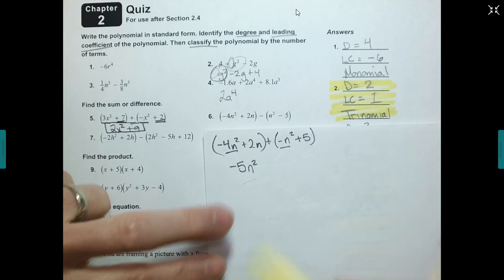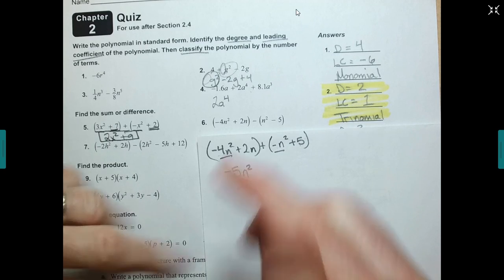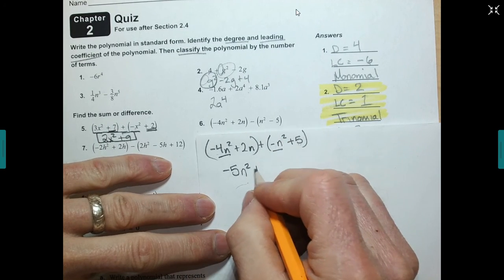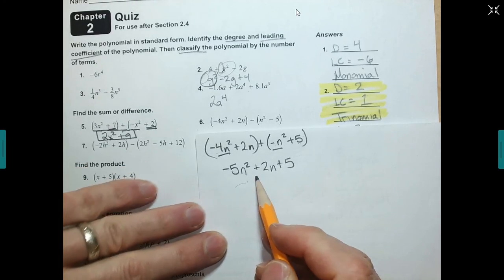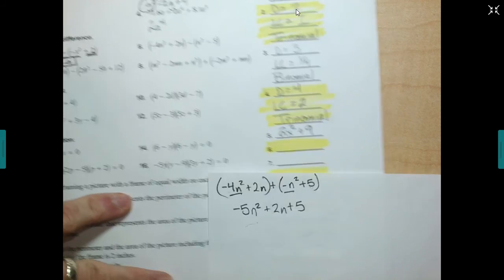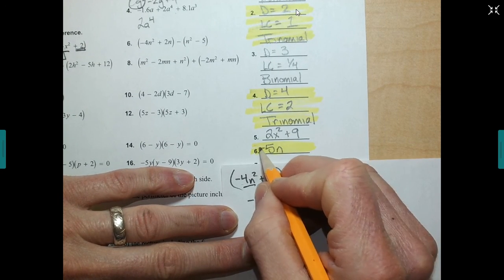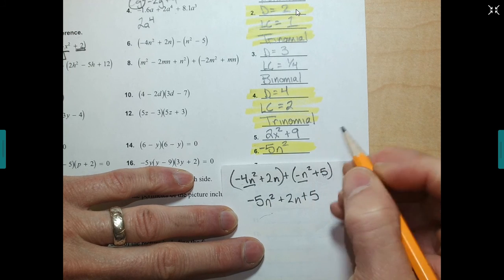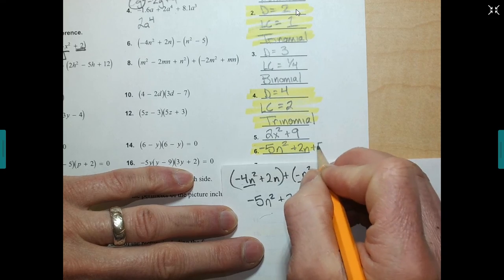And then my other like term, oh, I don't have other like terms. The 2n is not like the 5, so my 2n and my 5. So I get negative 5n squared plus 2n plus 5.